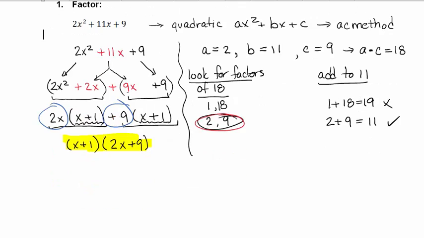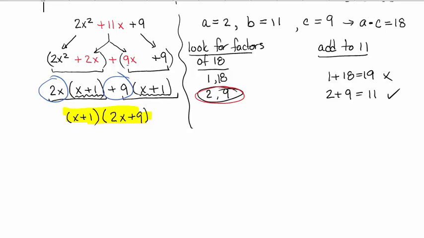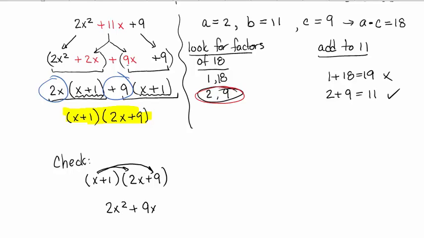So the other thing we can always do with these is we can check it. So let's just check our answer by distributing. So I'm going to take my factored form, 2x plus 9, right, x plus 1, and if I multiply everything out, I get 2x squared, and then I have a 9 and an x, so I have a plus 9x, and then I have a 2x times 1, so I have a plus 2x, and then my last one is just plus a 1 times 9, or 9.